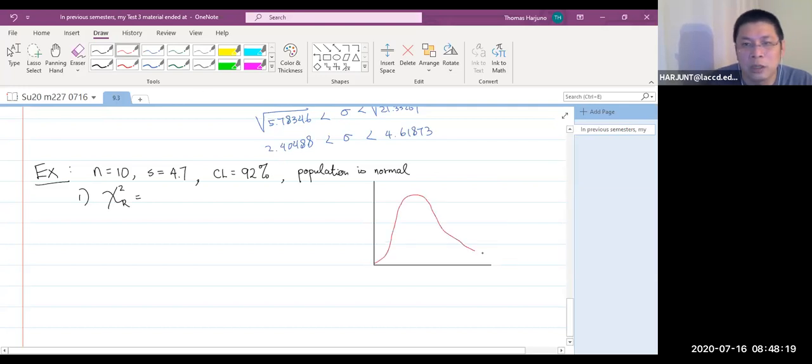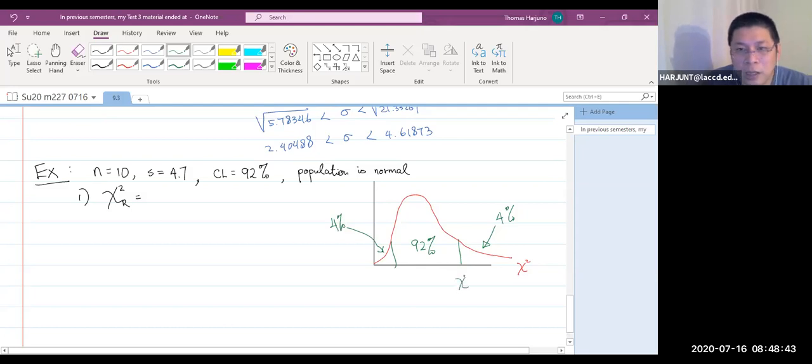It looks like this, the chi-square distribution. Now we need 92% in the middle, such that the area of each tail is 8% divided by 2, so it's 4% here, and it's 4% here. So this is chi squared right, this is chi squared left.